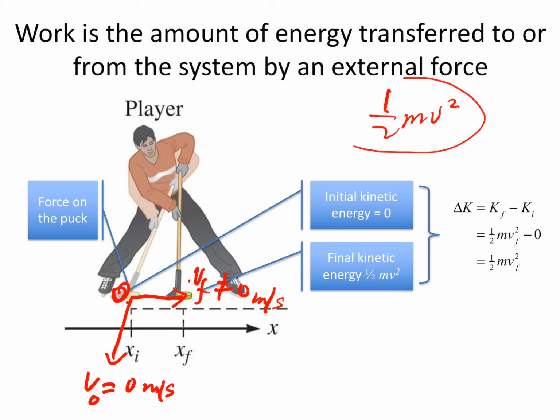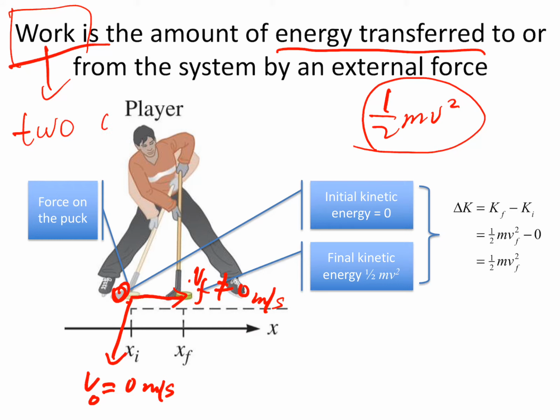This is the energy of one object. Work is energy transferred from one object to another object. So work has to have at least two objects involved. So work is energy transferred from one object to another object through force.